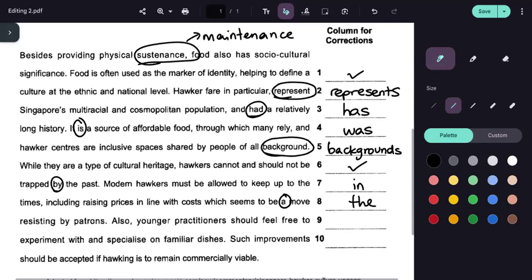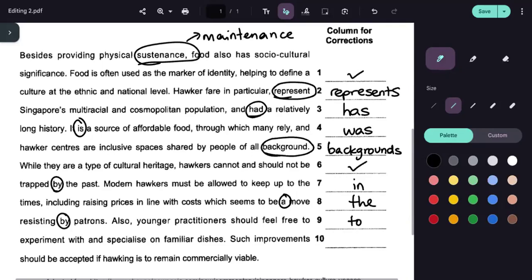Okay. Also, younger practitioners should feel free to experiment. Resisting to patrons. Okay, because patrons is not the people lah. Also, younger practitioners should feel free to experiment with and specialize on familiar dishes.